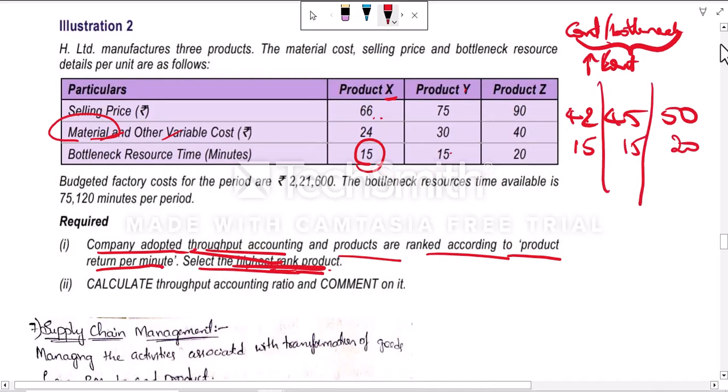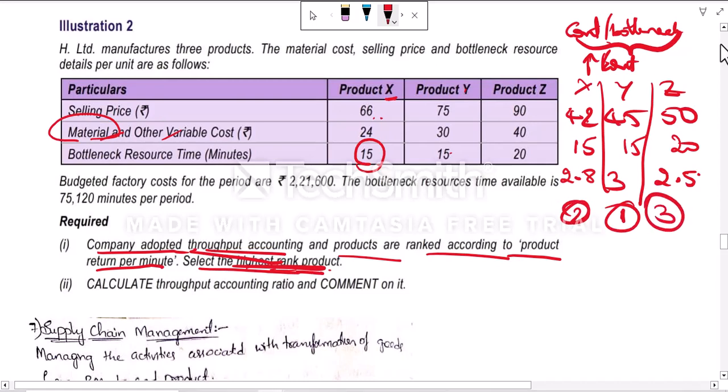So 42 divided by 15, 2.8. 45 divided by 15, 3. And 50 by 20, 2.5. This is the contribution per bottleneck. What is the highest rank? Product Y, then 1, 2 and 3.